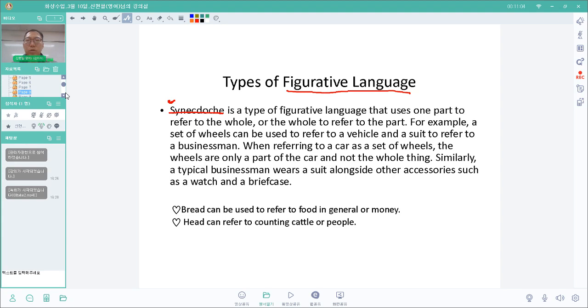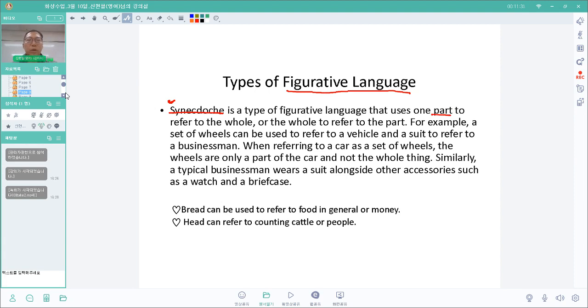So it's important to understand the use of Synecdoche. Synecdoche is a type of figurative language that uses one part to refer to the whole, or the whole to refer to a part. So when you want to talk about something, you can refer to that something by using a small part, or vice versa.